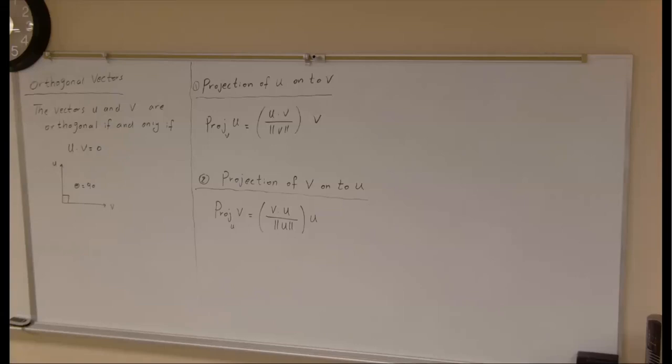Orthogonal vectors. Two vectors, u and v, are orthogonal. You're not going to see perpendicular anymore; you're going to see the word orthogonal with vectors. That means perpendicular. Two vectors are orthogonal if and only if the dot product equals what? 0.